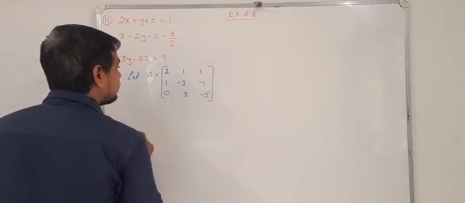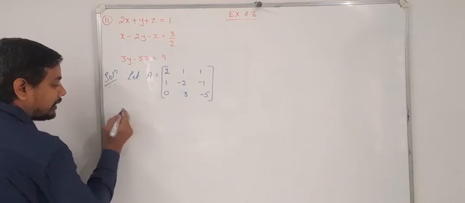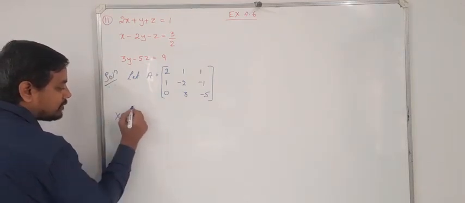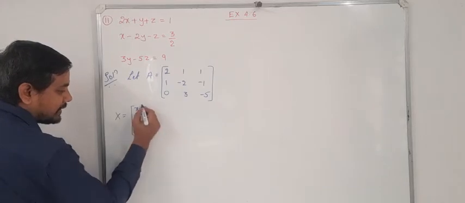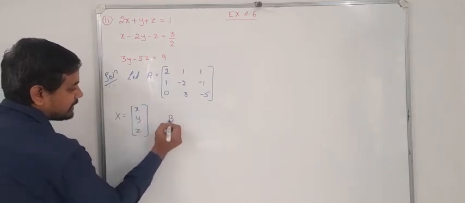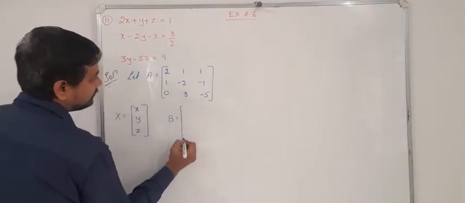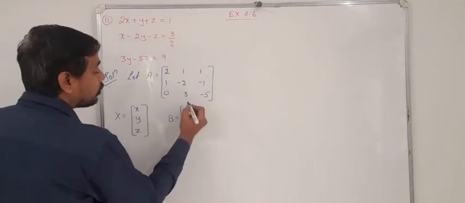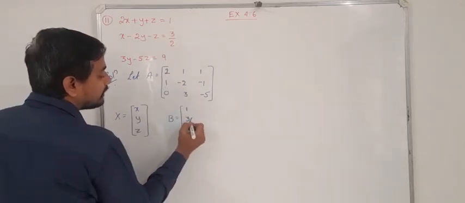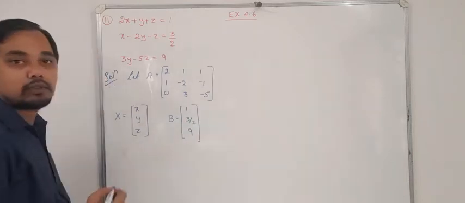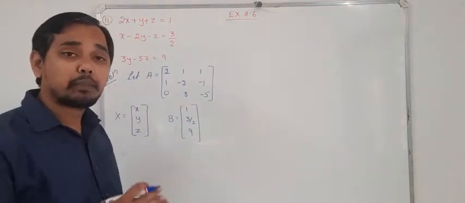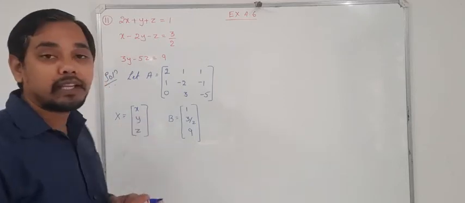This is A. X is as usual x, y, z, and B is the constant matrix 1, 3 by 2, 9, right?